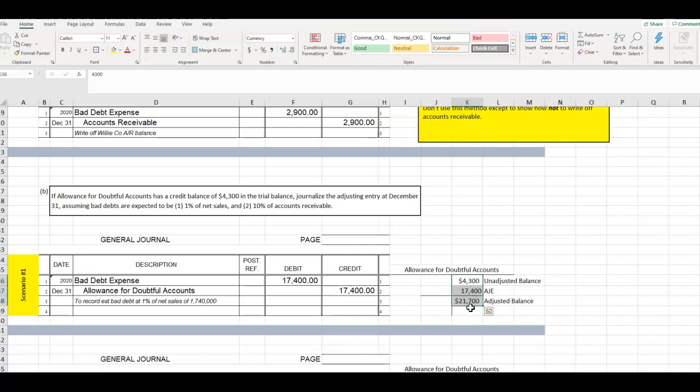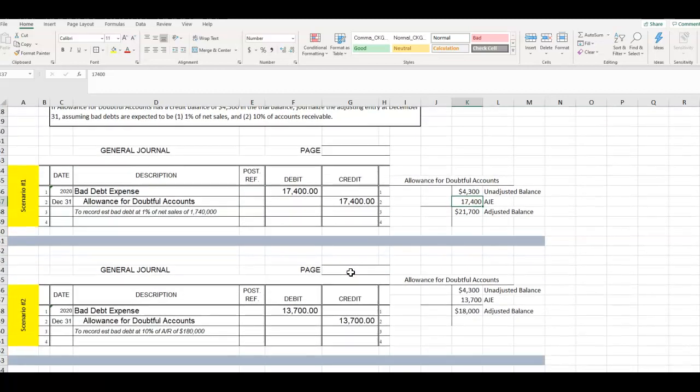The balance is going to be what the balance is going to be. The balance ends up being $21,700 in this case. If the unadjusted balance were a debit, we wouldn't care. We were going to use this $17,400 that we've computed as the amount of the adjustment. That is the percent of sales method. The next one is the percent of receivables method, assuming that we have a credit balance of $4,300, and we've determined that 10% of accounts receivable are going to be uncollectible.